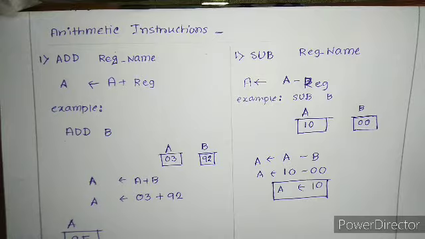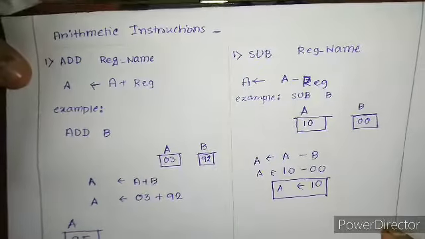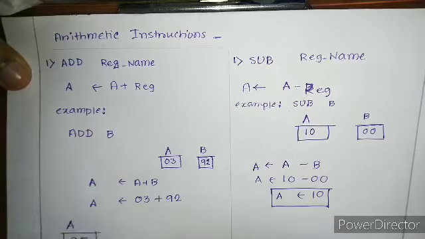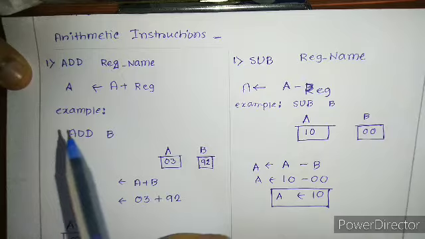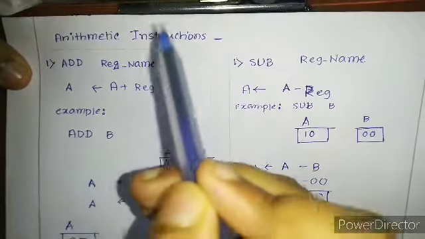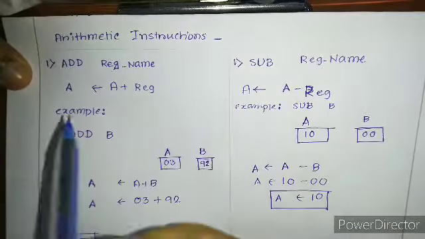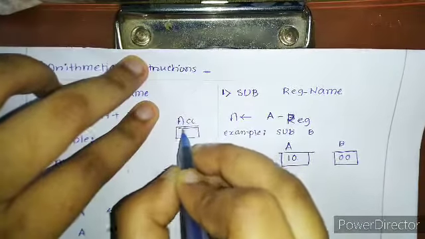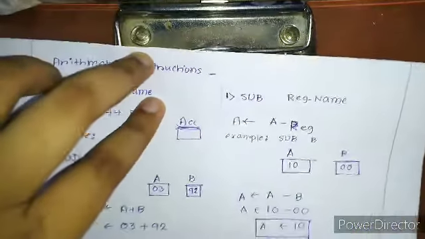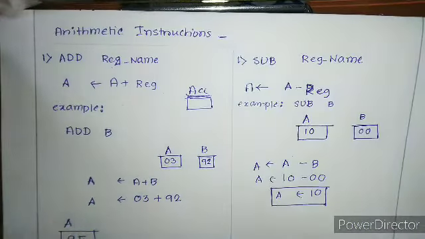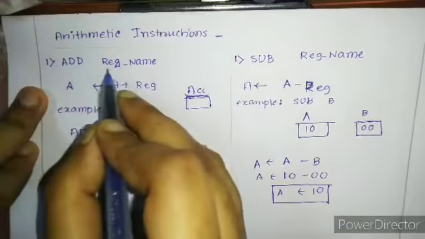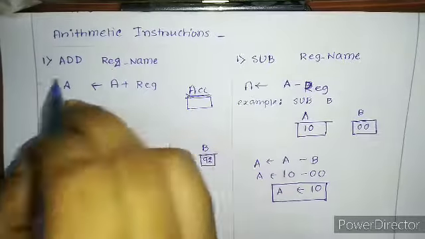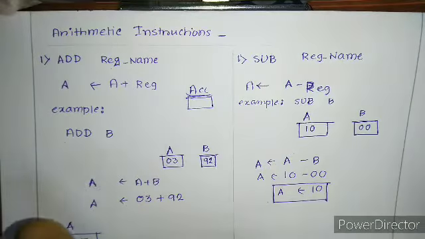So the first instruction and the easiest one is ADD register name. You know that in 8085 automatically whatever operations we perform, the result gets stored in the accumulator, right? This is why the name is accumulator. It accumulates the data. So when we write ADD register name, see, when you are doing an addition, obviously you need two numbers.